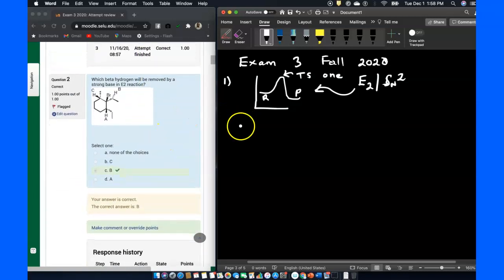Okay. Question 2. Which beta hydrogen would be removed by a strong base in E2? We have this structure, and you see that your leaving group is toward, based on the wedge bond.